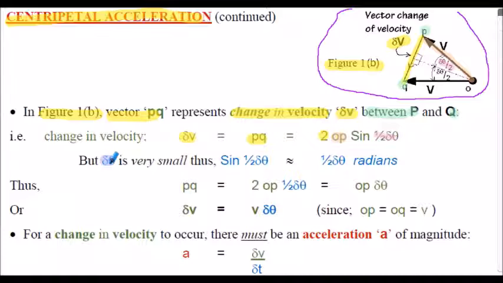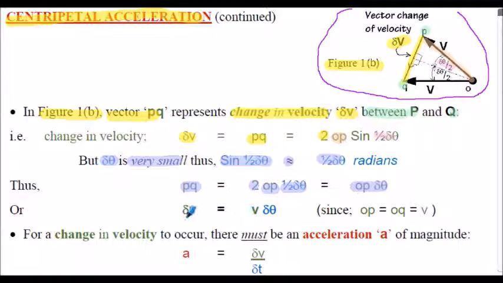If delta theta is very small, then when using radians, sine of half delta theta is approximately the same as a half delta theta. So length PQ could be written as 2 multiplied by length OP multiplied by half delta theta, and the 2 and the half multiplied together give 1. So that's OP delta theta.